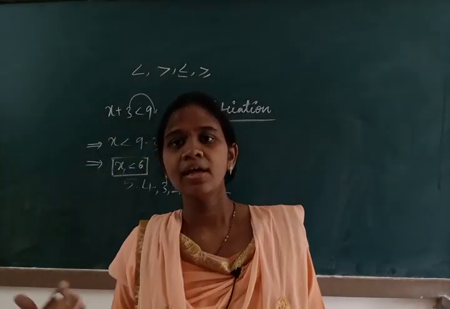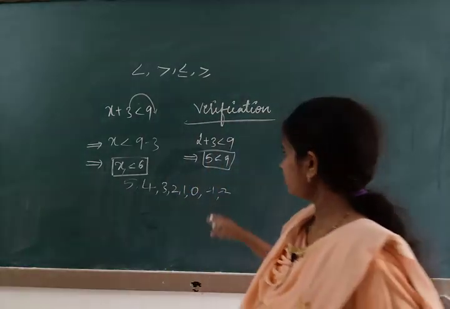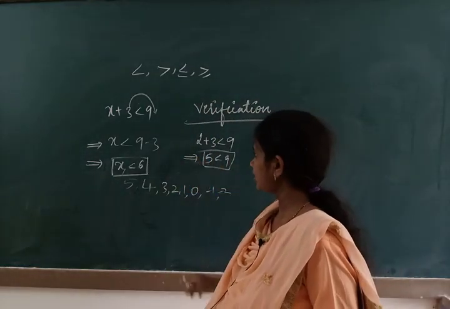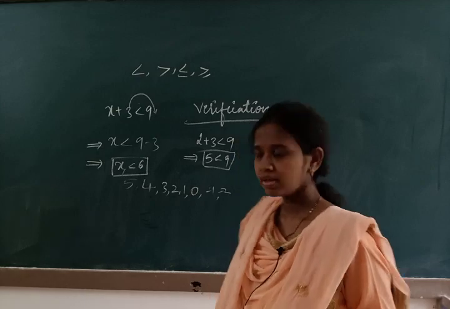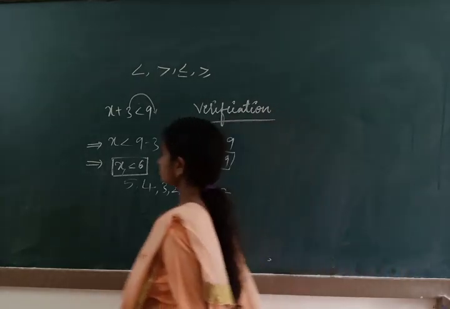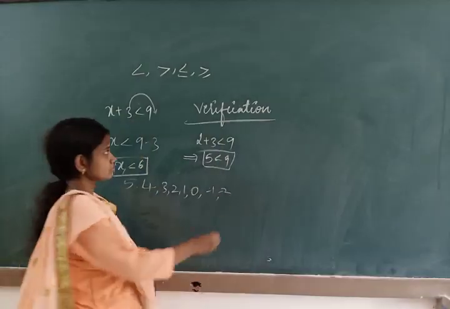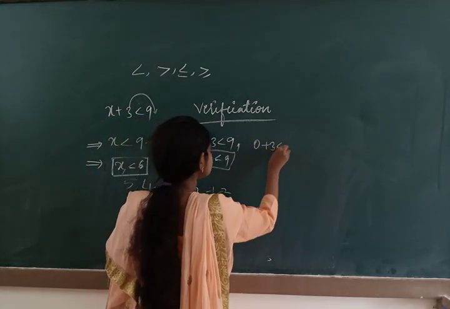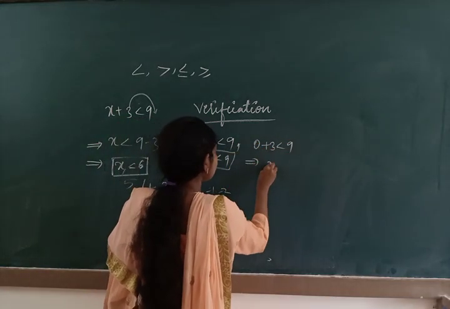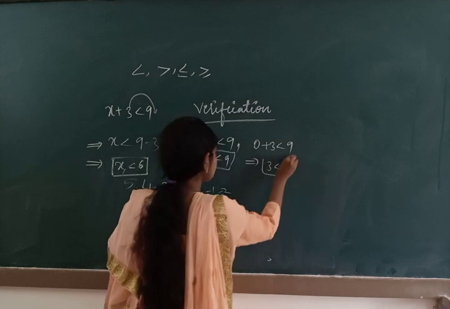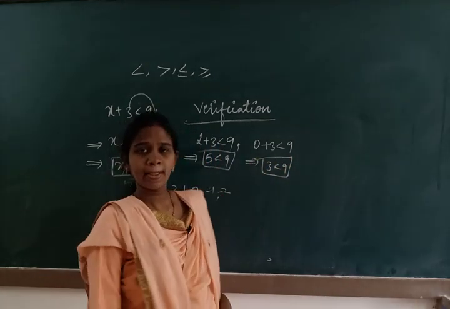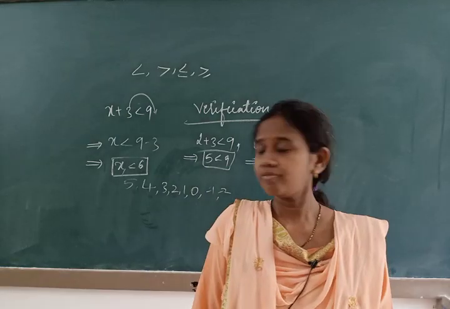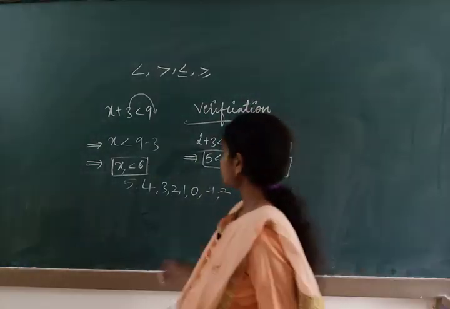Yes, 5 is lesser than 9. Similarly, instead of 2, can I choose 0? Let's verify that also. 0 + 3 lesser than 9. 3 is lesser than 9. Such values are called a solution set.